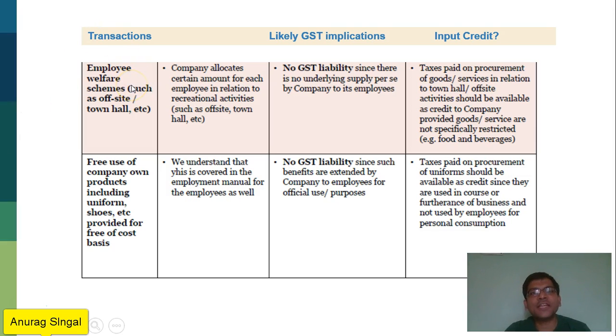As far as the offsite, so for example, company is taking you to Udaipur or to Bangkok and it puts, let's say, a budget of 18,000 rupees per employee. There is no GST liability because there is no underlying supply.